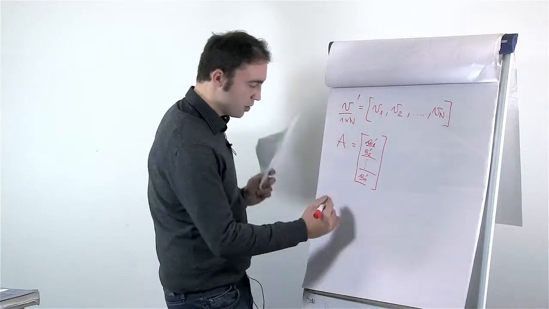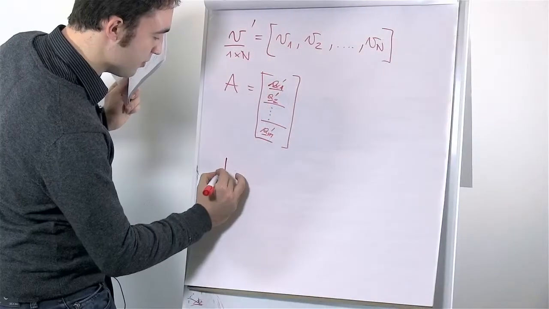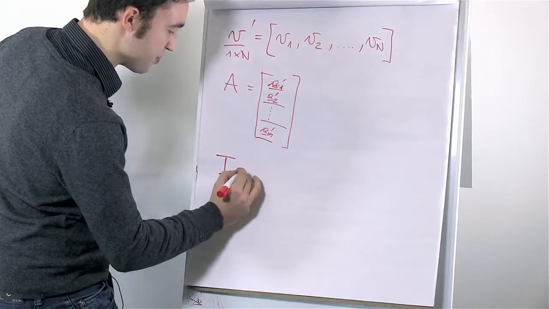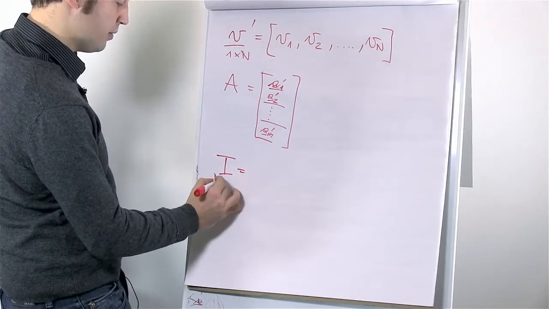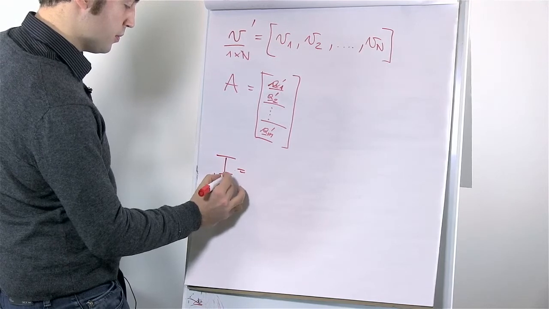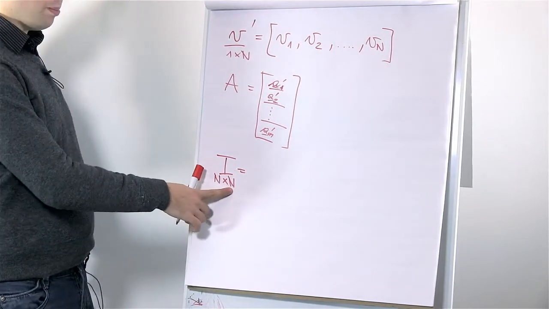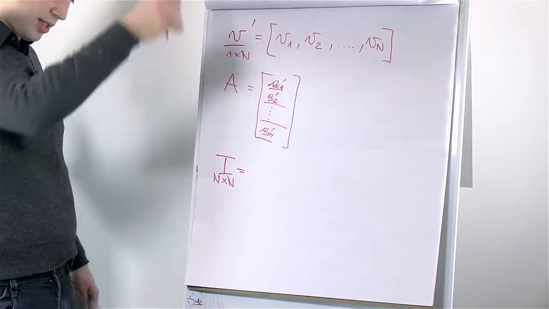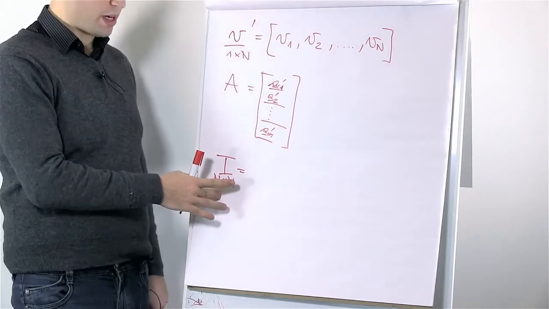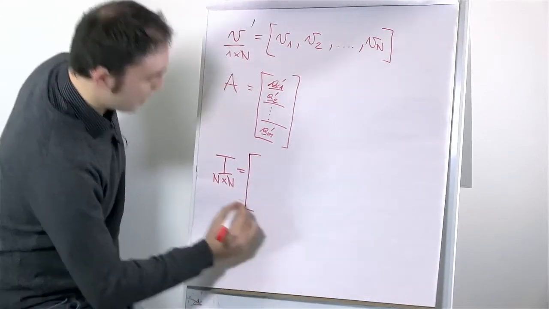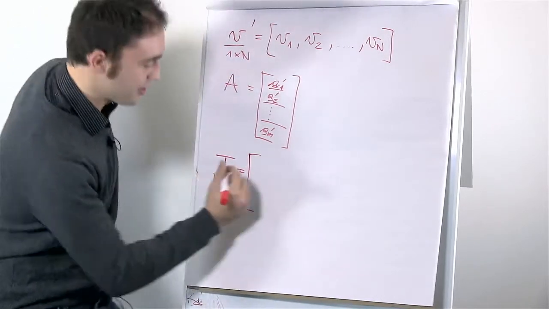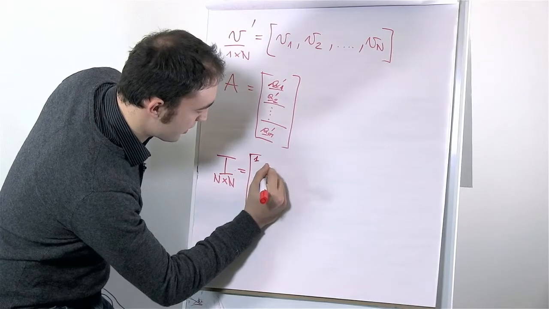For example, the identity matrix. I want to recall that when the number of rows is the same as the number of columns, the matrix is called a square matrix. The identity matrix is a square matrix.